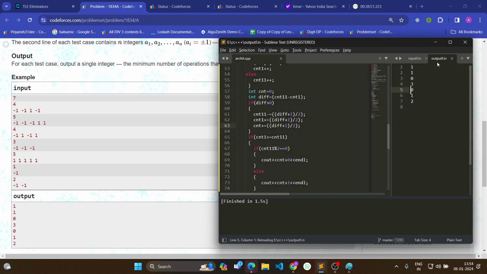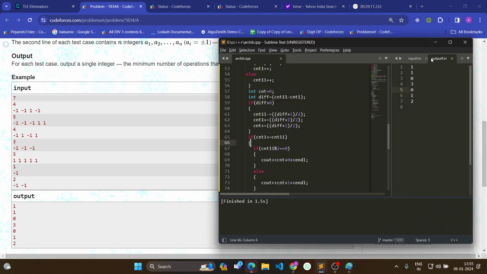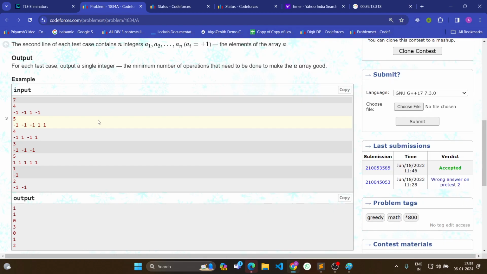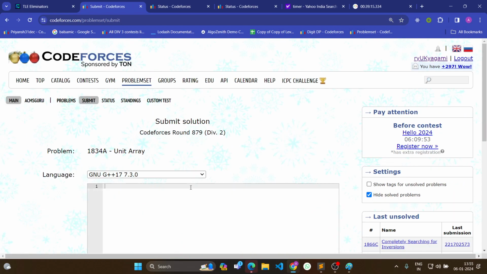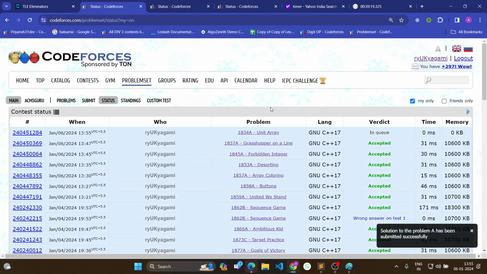So basically, there are conditions like when the difference is 3, the answer is 2 instead of, like, what is 3 by 2, that is 1. So in that case, all you need to do is 3 plus 1 by 2. And when it is even, the answer is 1 only. In that case, all you need to do is diff plus 1 by 2, and you will get the right answer, I think.